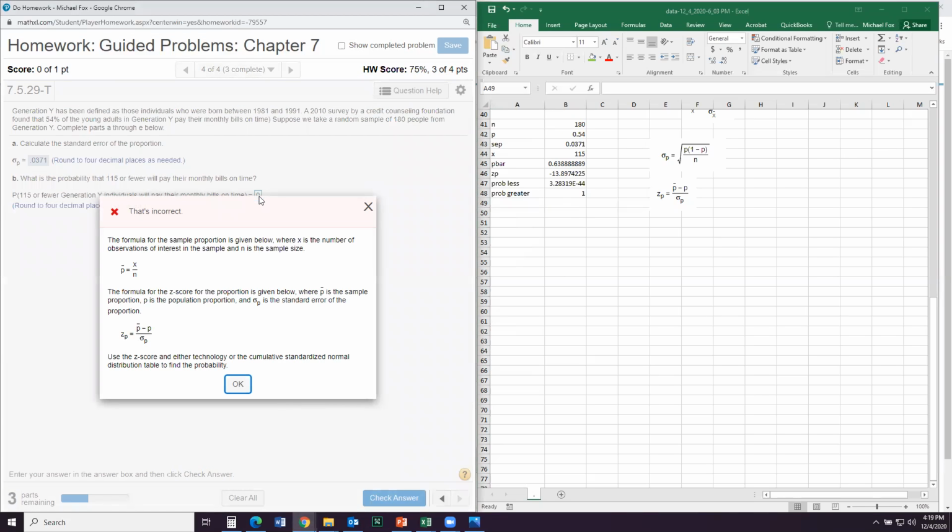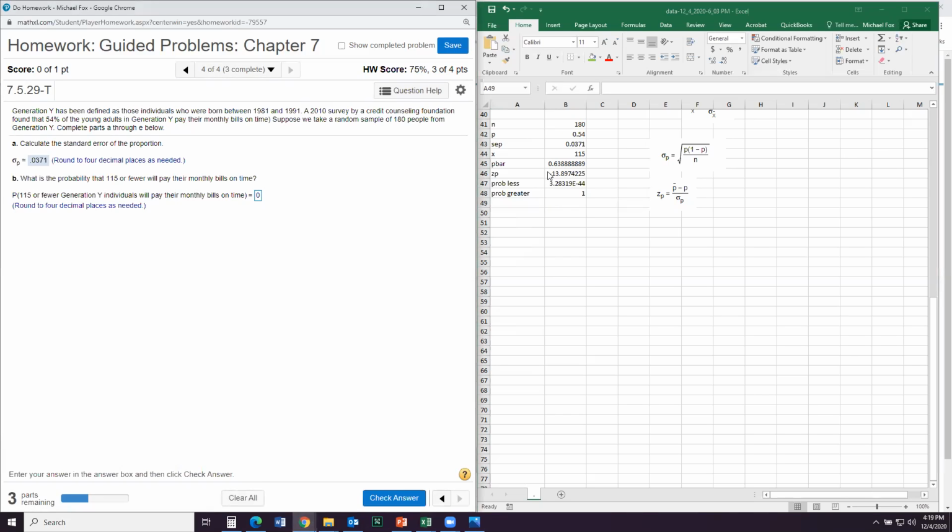So let's see what we did wrong. So our P bar, our X, that sounds right. So let's see if we did this wrong. Oh, you know what I did wrong? I didn't put this numerator in parentheses, right?